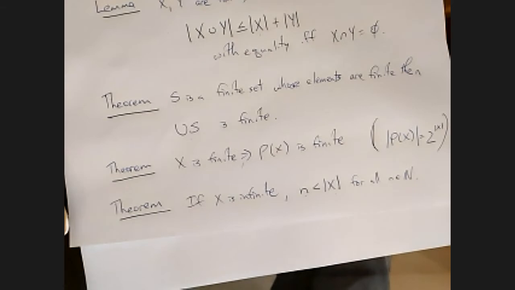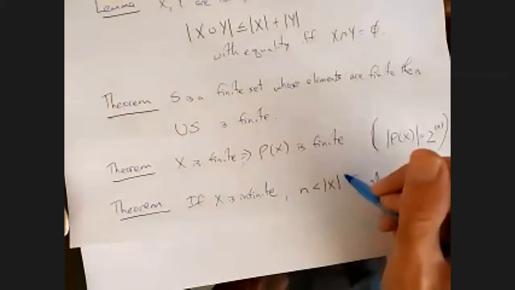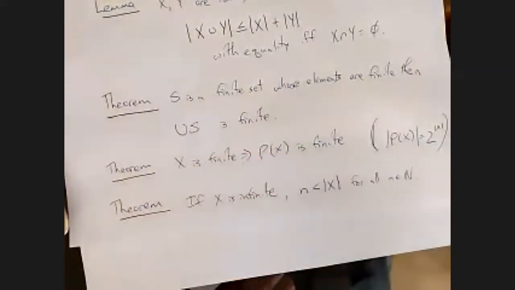And that kind of naturally brings us to the issue of countability. So this theorem tells us that there's a break between the finite sets and the natural numbers, which is an infinite set.